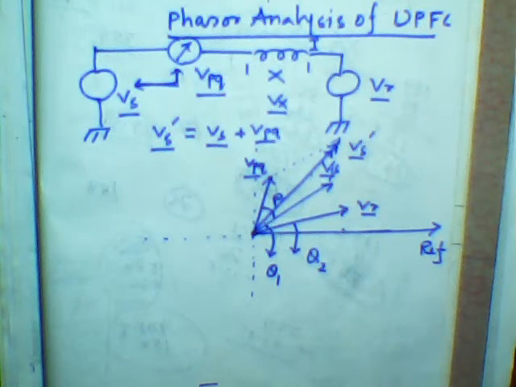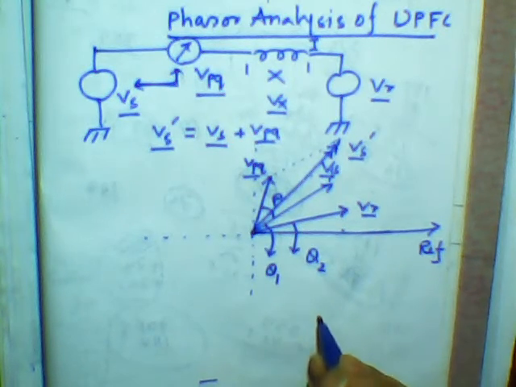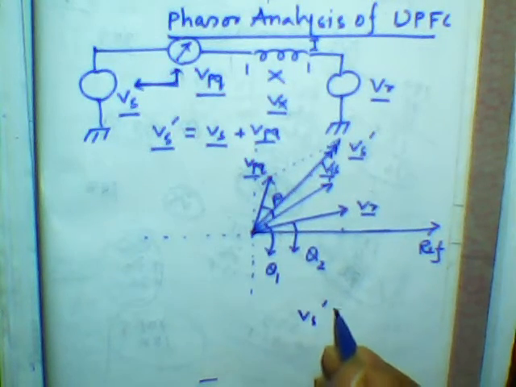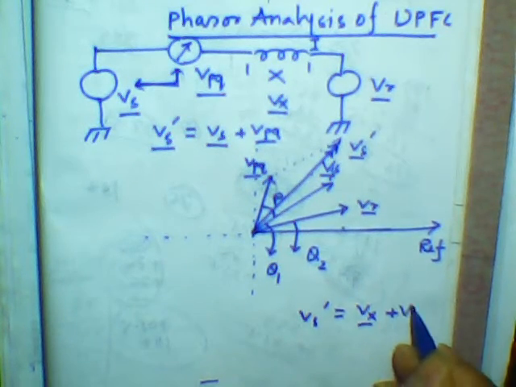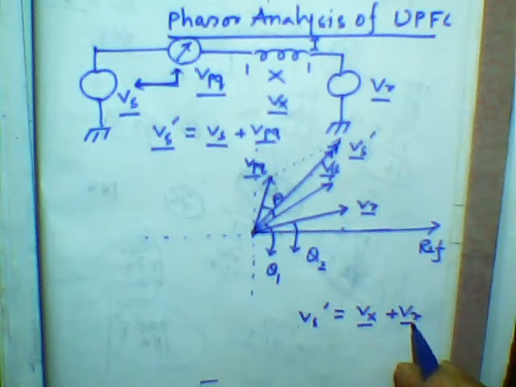Now from the Kirchhoff voltage law, we can write Vs prime is Vx vector plus Vr vector.